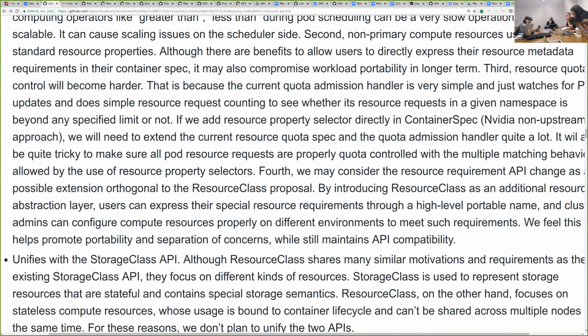We also consider this as something that could be a follow-on to the resource class API proposal that we can add later. So those are the main reasons we haven't taken this approach, even though some people have asked about it, and we have seen some downstream implementations taking this approach.